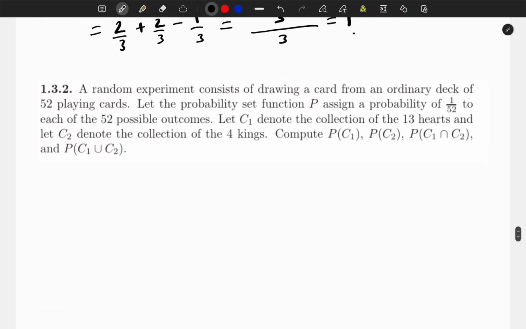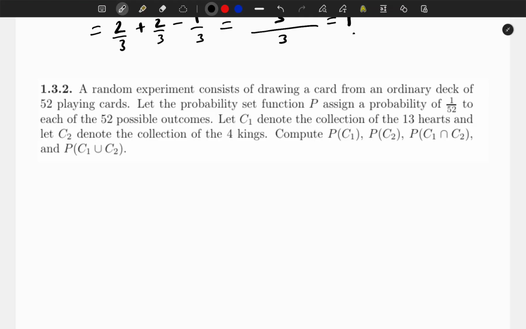Let the probability set function P assign a probability of 1 over 52 to each of the 52 possible outcomes. Let C1 denote the collection of the 13 aces and C2 denote the collection of the 4 kings. Compute the probability of C1, the probability of C2, the intersection, and then the union.